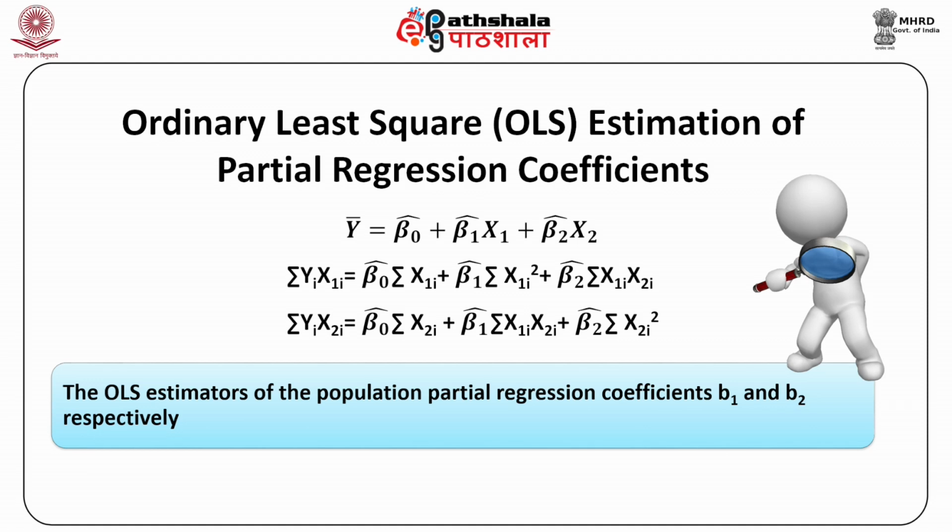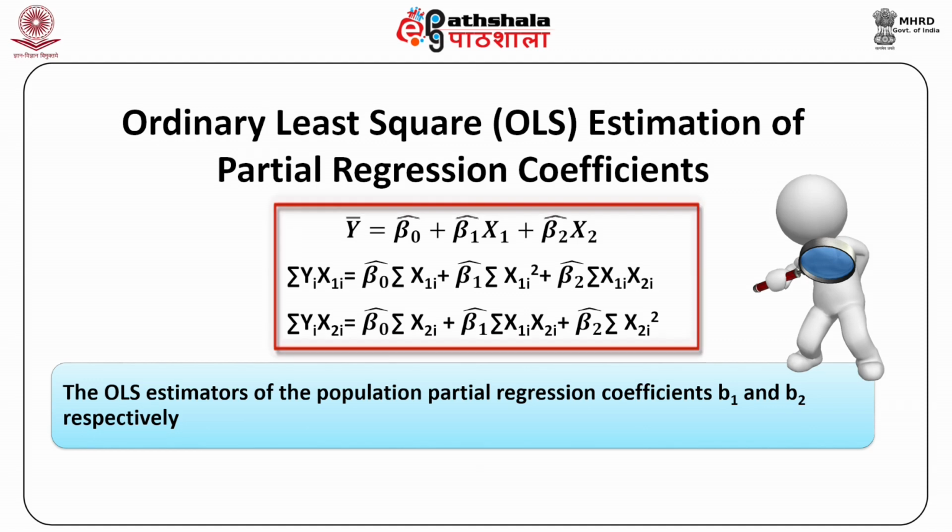and simultaneously solve them. We obtain the normal equations as: y bar is equal to beta hat 0 plus beta hat 1 x1 bar plus beta hat 2 x2 bar; summation yi x1i is equal to beta hat 0 summation x1i plus beta hat 1 summation x1i squared plus beta hat 2 summation x1i x2i; summation yi x2i is equal to beta hat 0 summation x2i plus beta hat 1 summation x1i x2i plus beta hat 2 summation x2i squared.